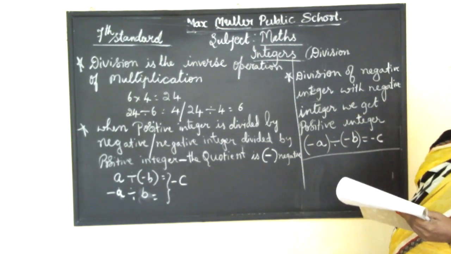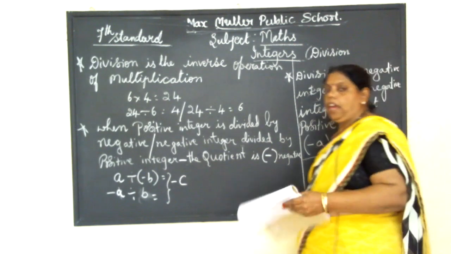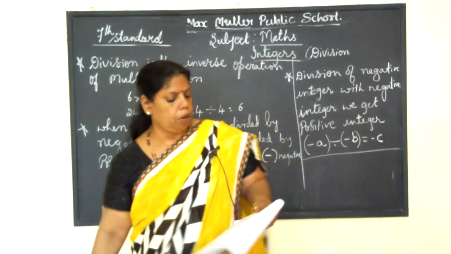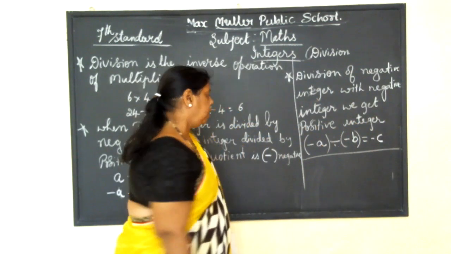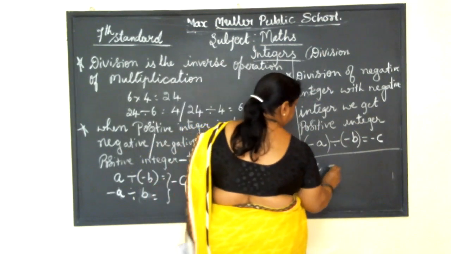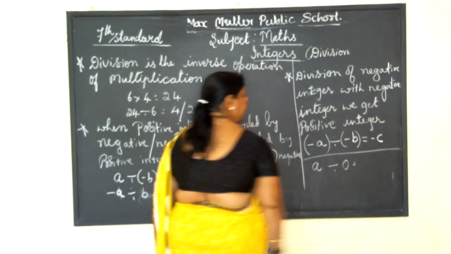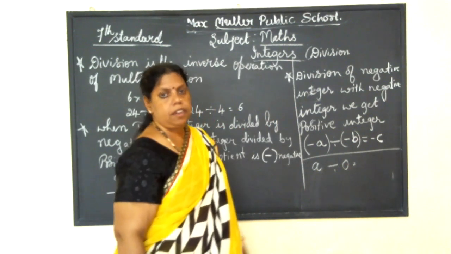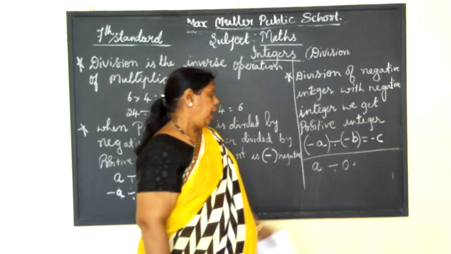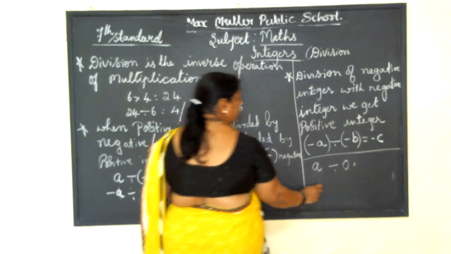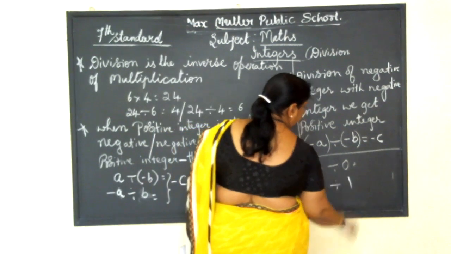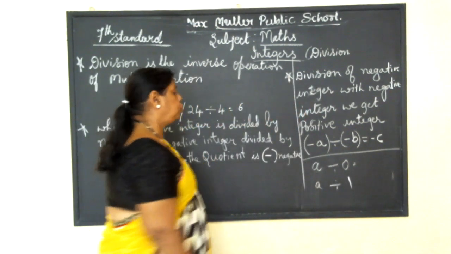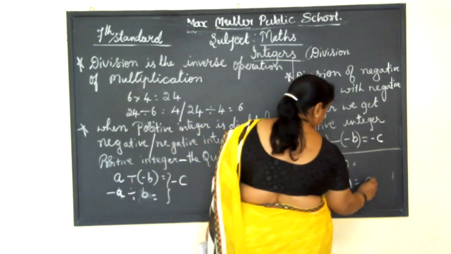For any integer a, we have a divided by 0 is not defined. A divided by 0, we cannot divide this, isn't it? A divided by 1, you get the quotient A itself.